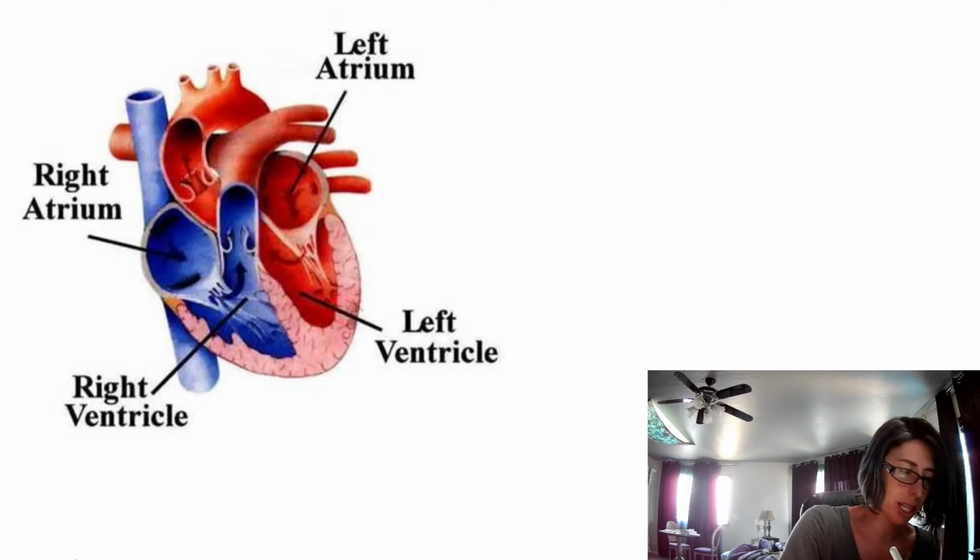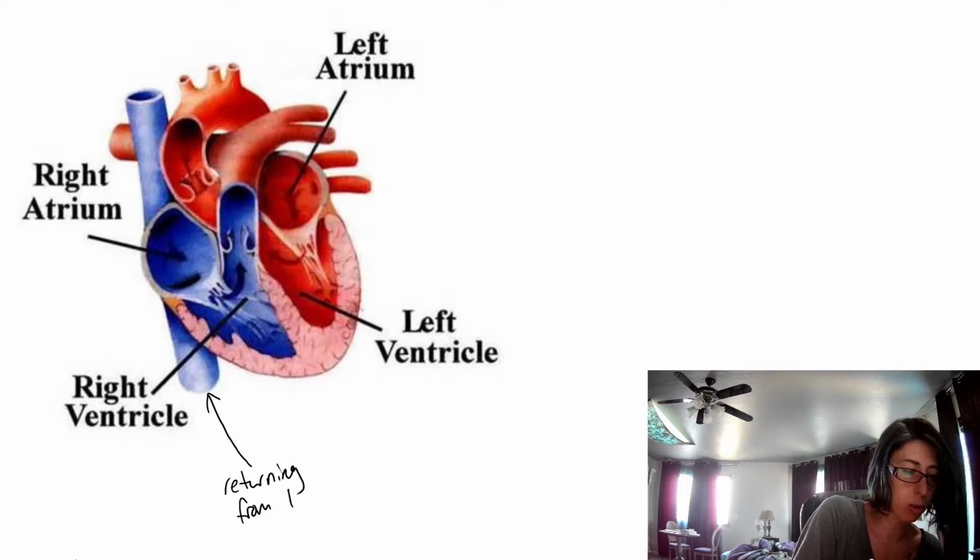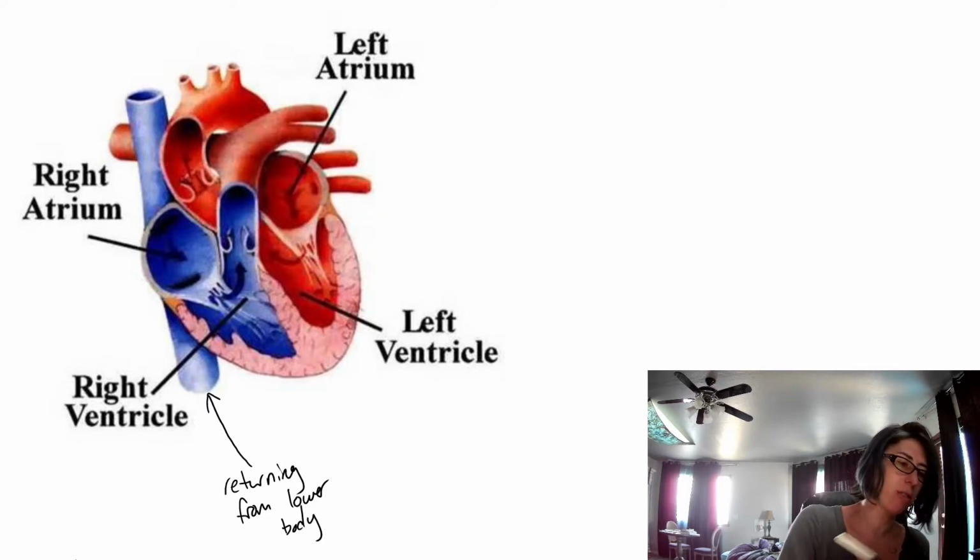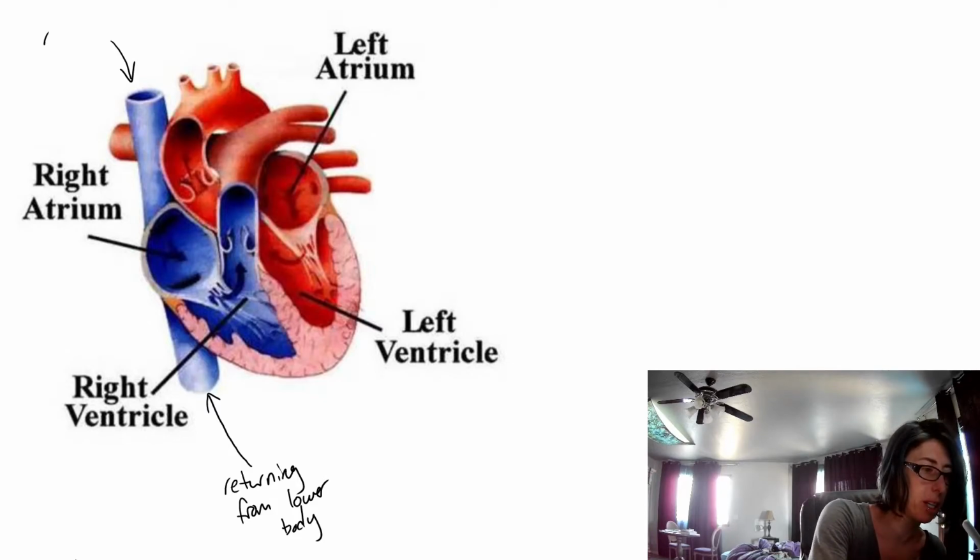So let's talk about the arteries and veins that leave and enter the heart. Blood comes in from the body, returning from lower body. All the oxygen's been given off to the lower body. These are veins that are returning blood to the heart from the upper body, like your head and neck and arms.